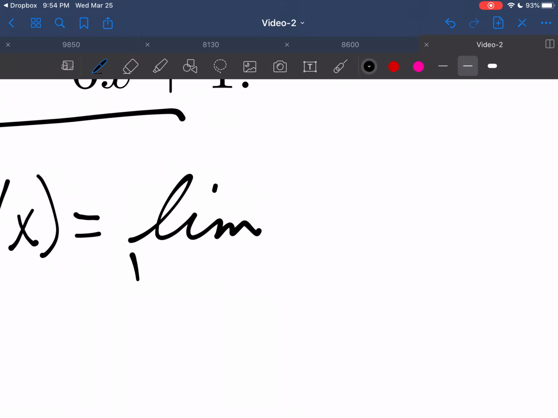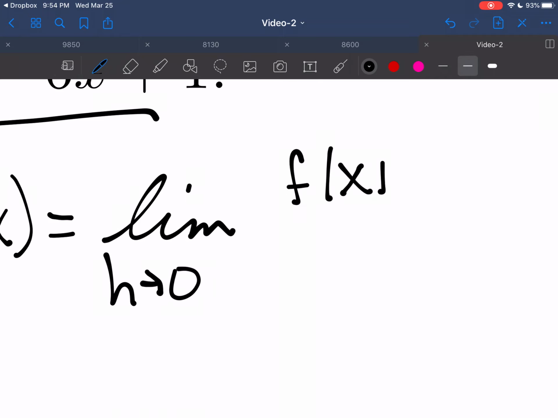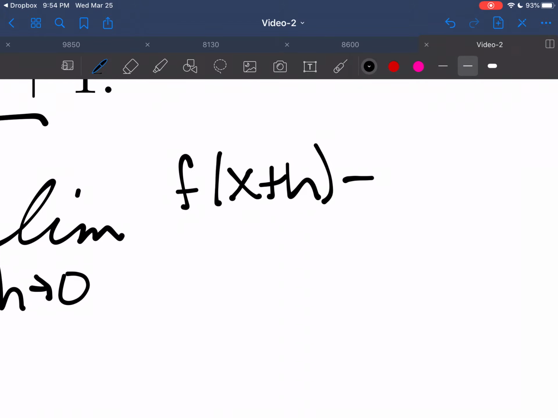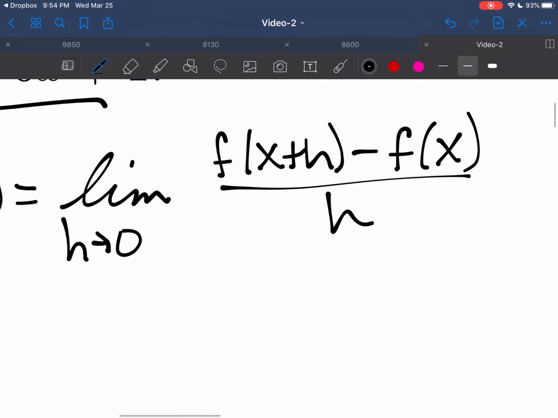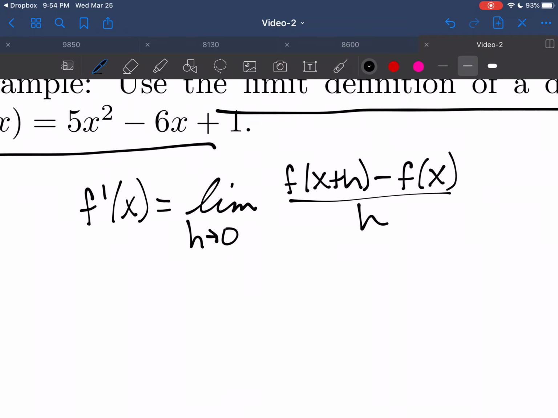So the limit as h approaches 0 of f of x plus h minus f of x divided by h. And then what was our function? There it is.